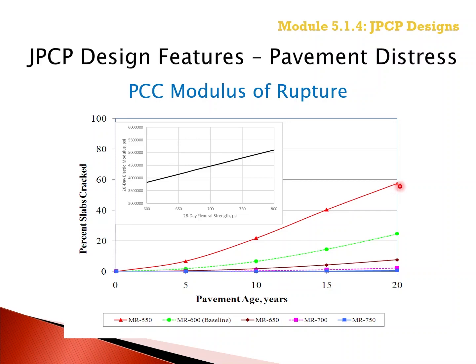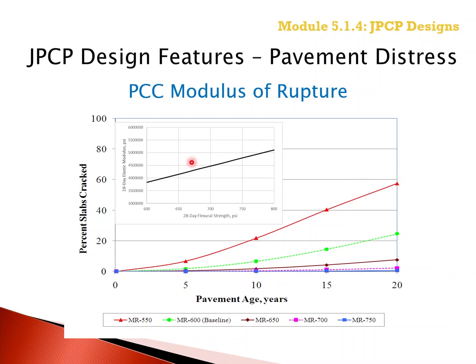However, there is a relationship between the PCC strength and elastic modulus. We know that as the flexural strength or modulus of rupture increases, the elastic modulus is also typically going to increase. Increasing the strength typically results in an increase in elastic modulus.